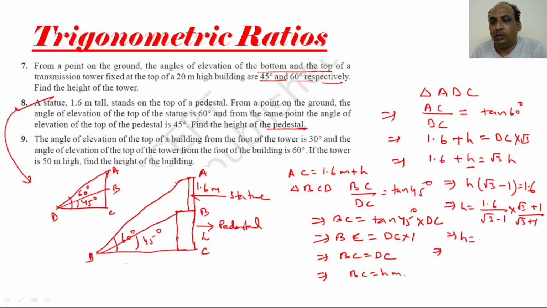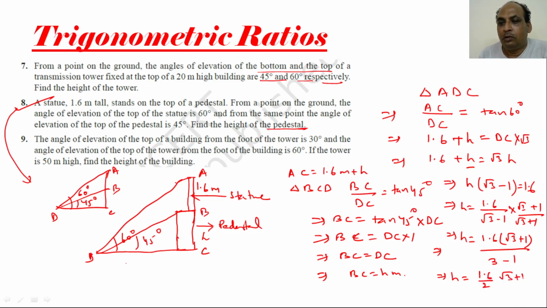So H is equal to 1.6 into root 3 plus 1 divided by, this becomes a minus b into a plus b, so 3 minus 1, that is 2. So H is equal to 1.6 divided by 2 into root 3 plus 1, that is 0.8. Even we can write H is equal to 0.8 into root 3 plus 1 meter.